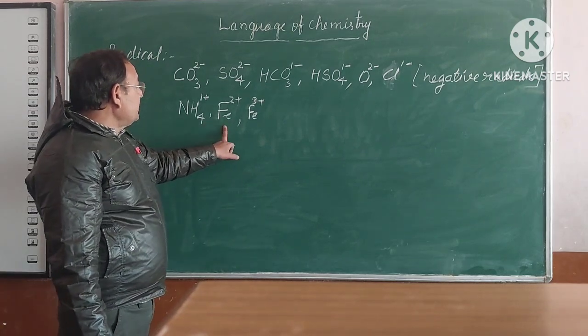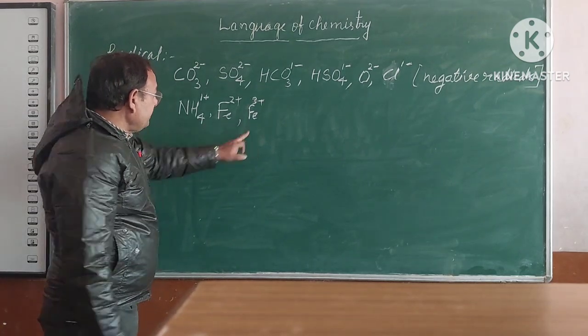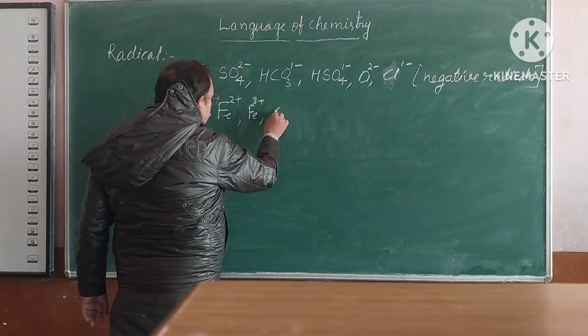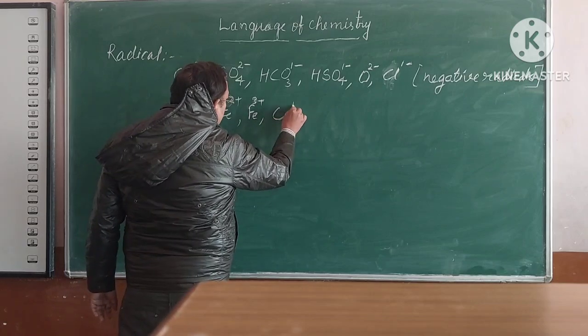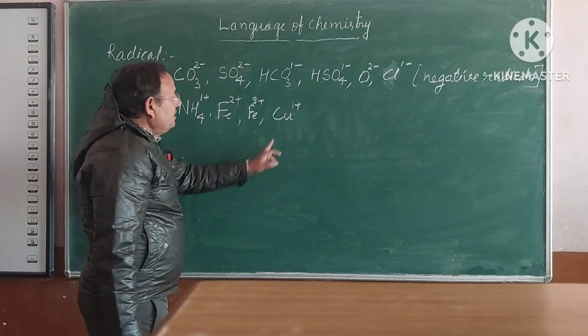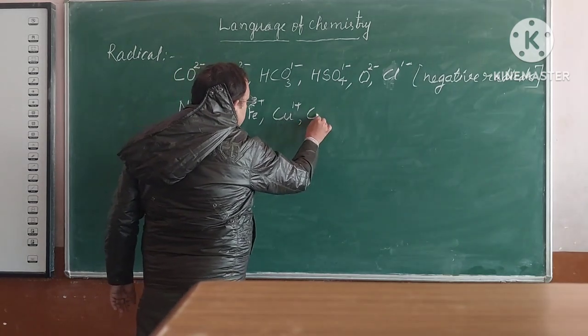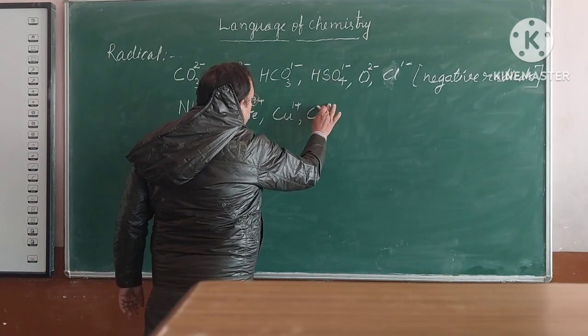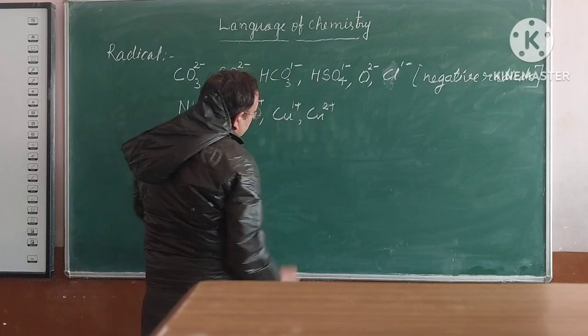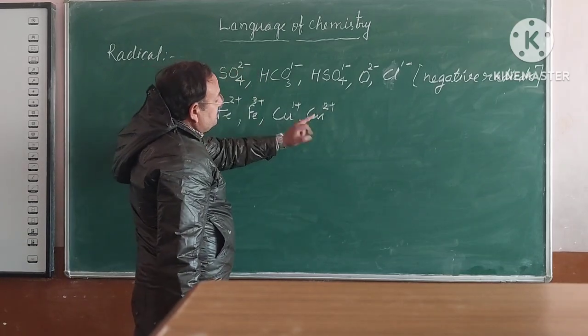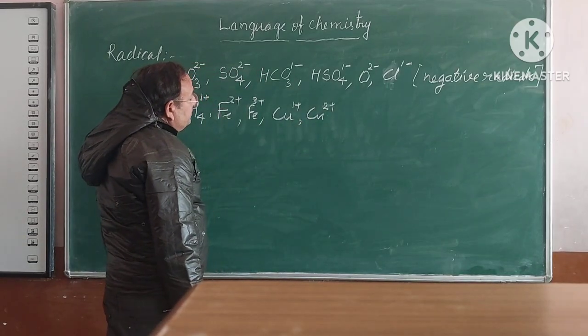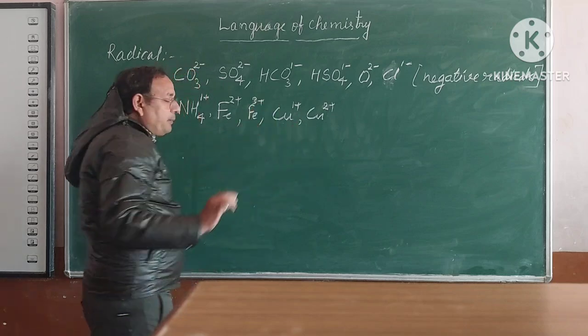This is the ferrous radical. This is the ferric radical. Another, Cu+ with 1 charge, cuprous radical. Another, Cu2+, having plus 2 unit charge. This is the cupric radical, and so on.